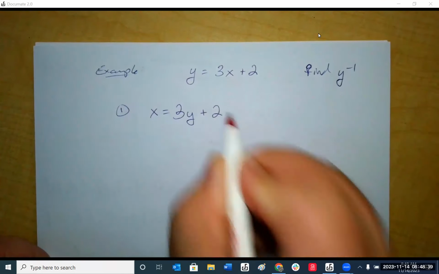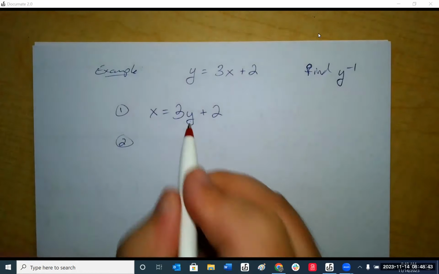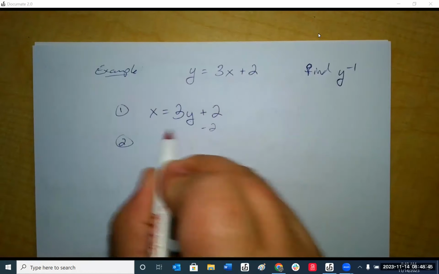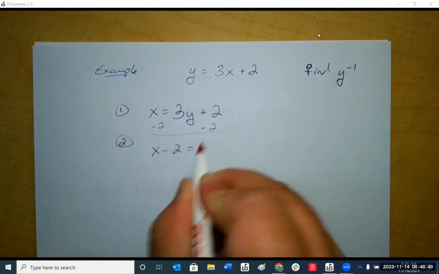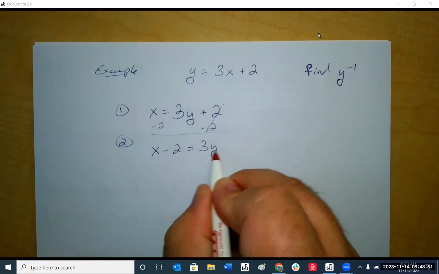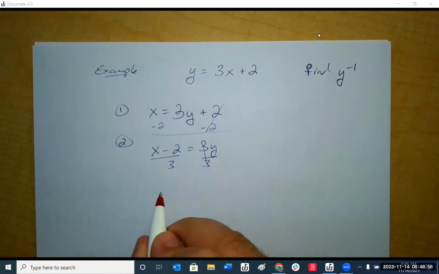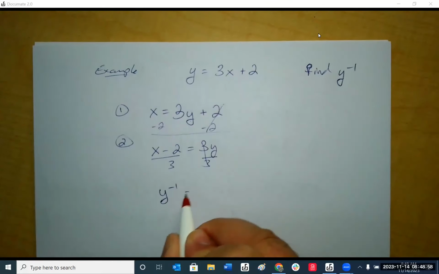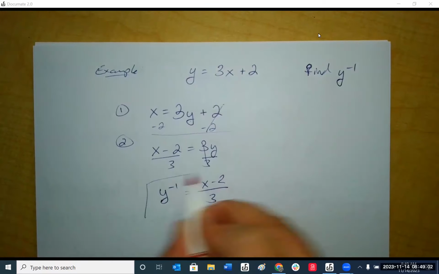Switch x and y. Now I solve for y. And there's my inverse.